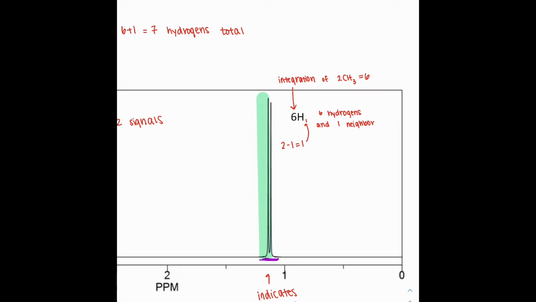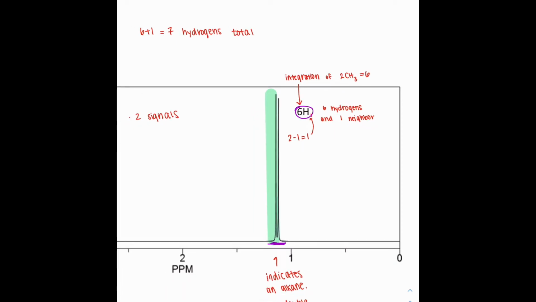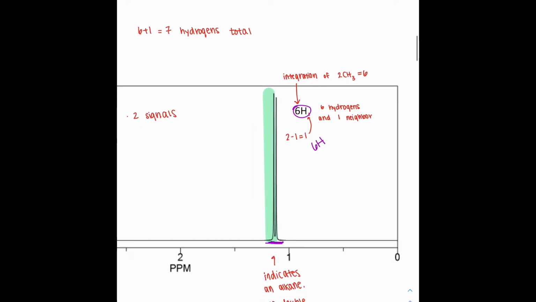So we can also look at this 6H. It means there are 6 hydrogens, and then since we have 2 peaks, we can do 2 minus 1 equals 1 to determine that there is one neighbor that these 6 hydrogens all have in common.